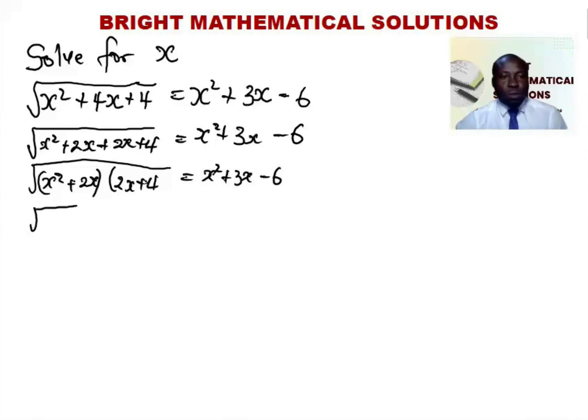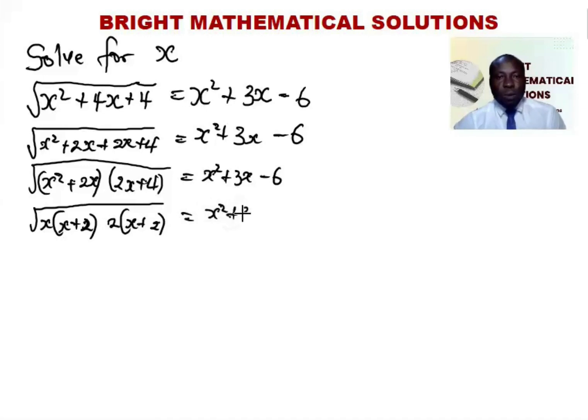Now, what is common to these two? We have x that is common, so we have x plus 2, and what is common to these two? We have 2, which is common, so that is x plus 2 times x plus 2 equals x squared plus 3x minus 6.